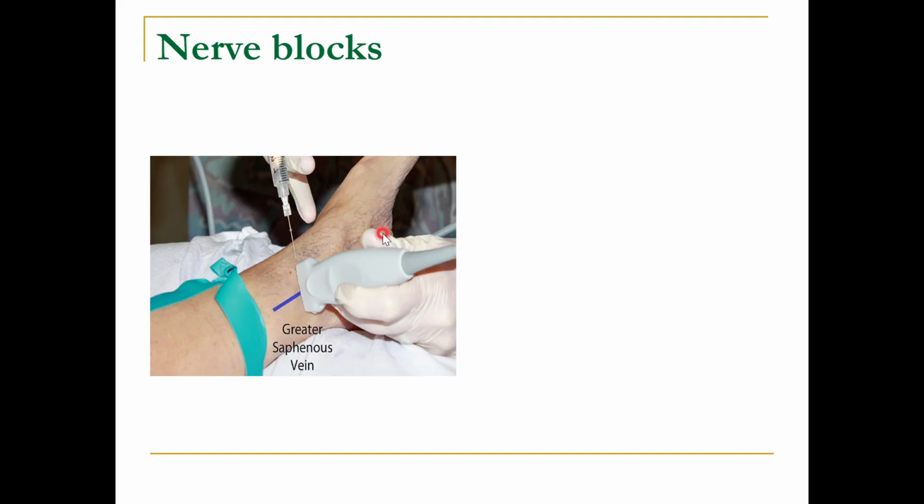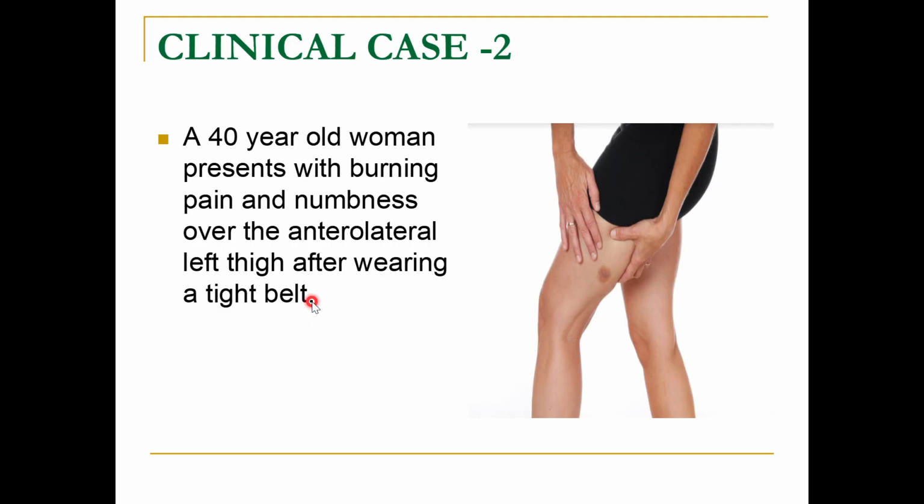The anatomy of saphenous nerve and its relation with the great saphenous vein is also important during the saphenous nerve block. So here we can see they are giving the saphenous nerve block. Care should be taken. It is done under ultrasound guidance so that you don't injure the great saphenous vein.